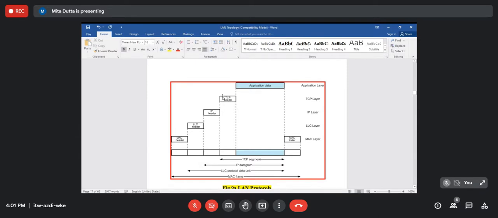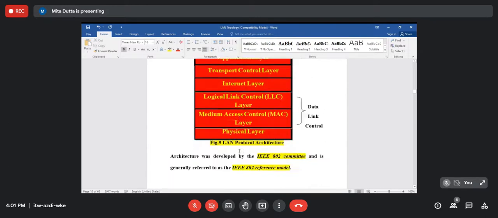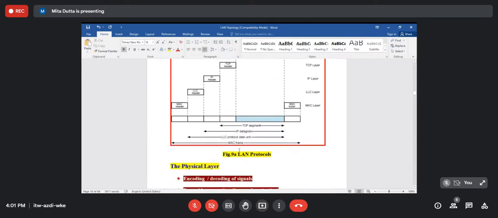Then this TCP segment is passed through the IP layer, and IP layer data is known as IP datagram. Then it passes through the LLC layer, where it is known as LLC protocol data unit. And then we have the MAC layer, the medium access control layer, where it is known as a MAC frame.